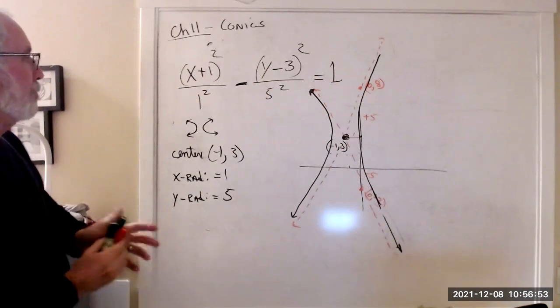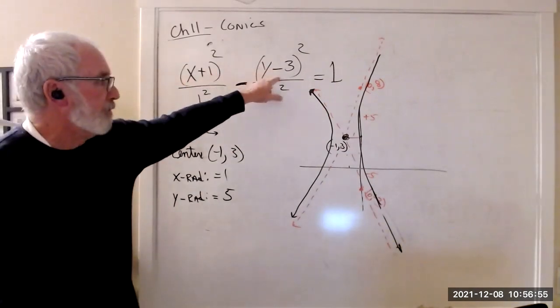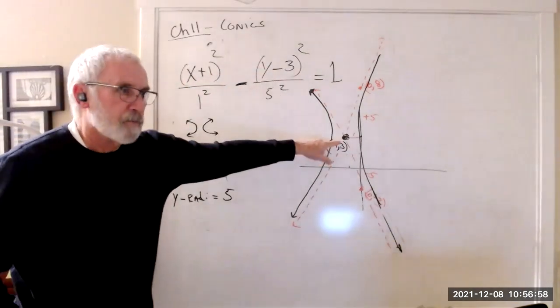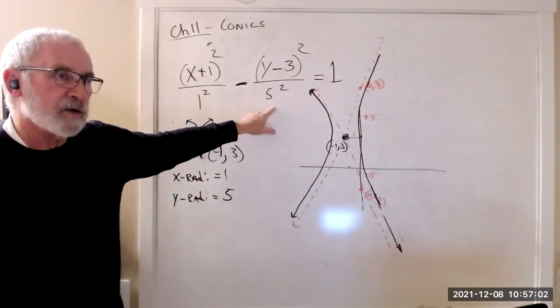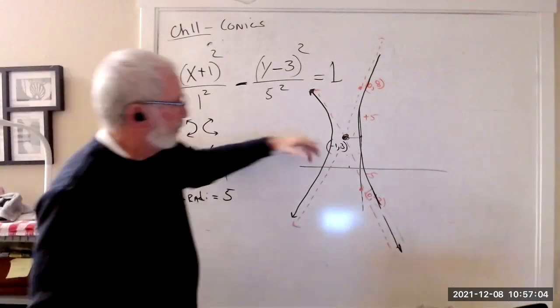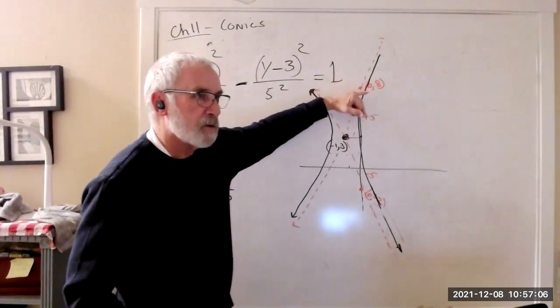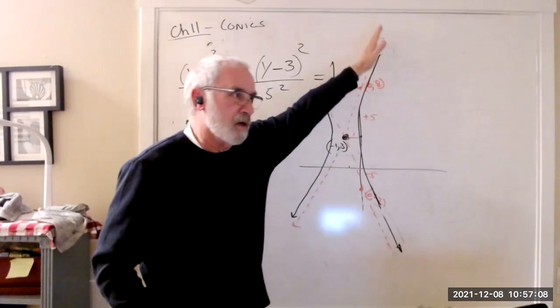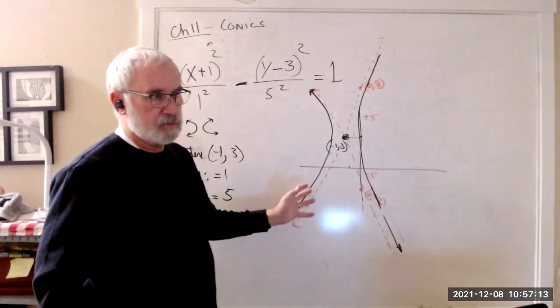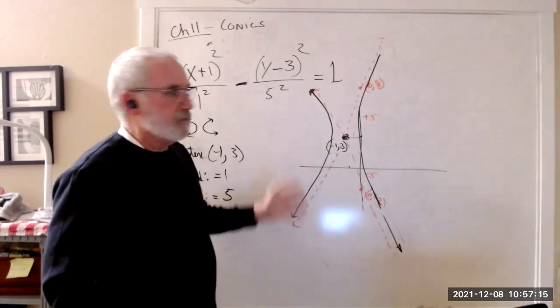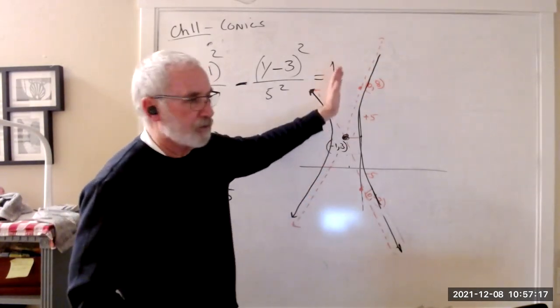If you're figuring out how to do this on Mom, it does it for you automatically. So what did I do? I found the center there. I used the X radius and the Y radius to go over and up, and that gave me enough information to draw an asymptote, which I did. Okay, so there's my asymptote.